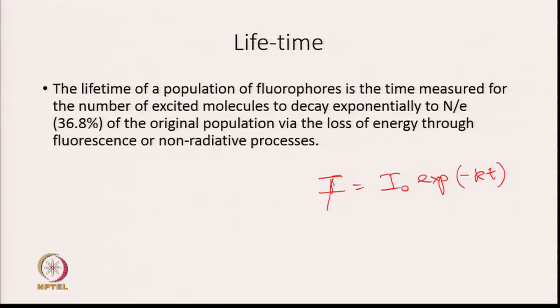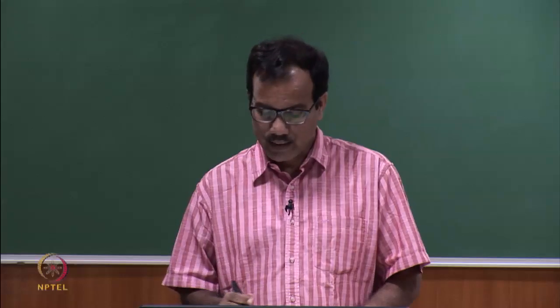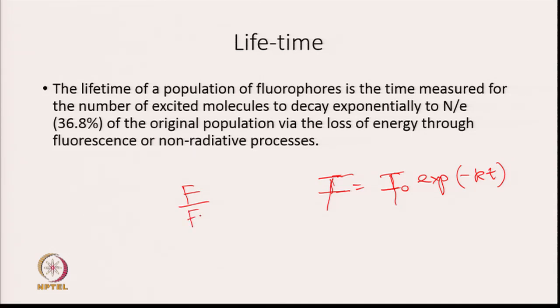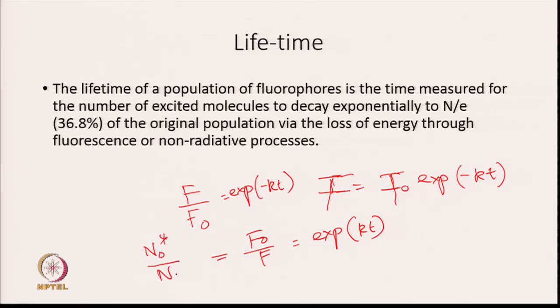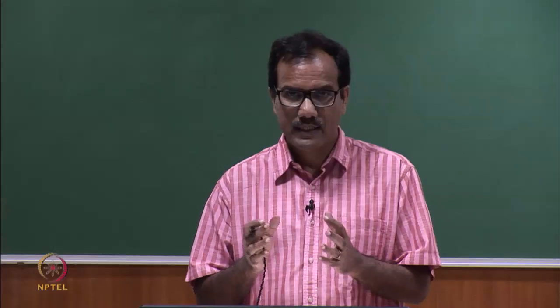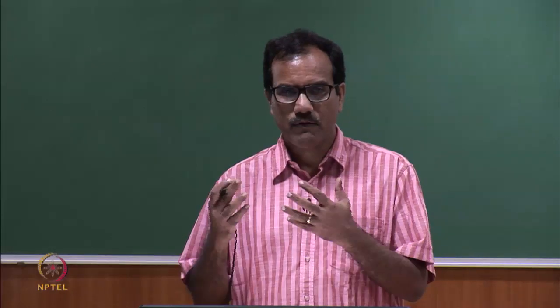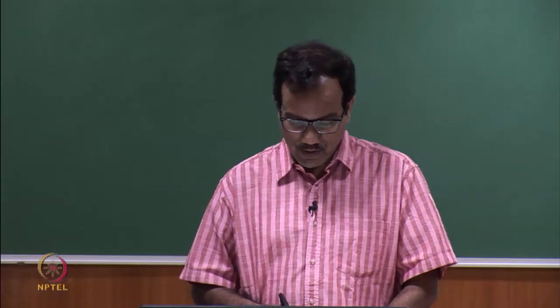You can also write F is equal to F naught. It is quite the same. Sometimes people write fluorescence intensity as F, or sometimes they write it as I. So, F by F naught is equal to exponential minus k t, and you can also write F naught by F is equal to exponential k t, and this is nothing but n star by n, where n star is the number of excited fluorophores at time t is equal to 0, whereas n is the number of fluorophores in the excited state at time t is equal to t.